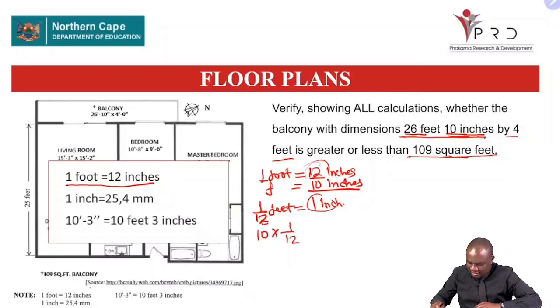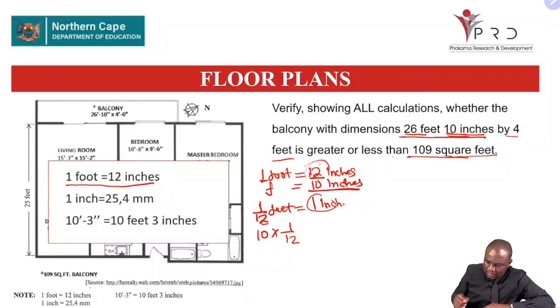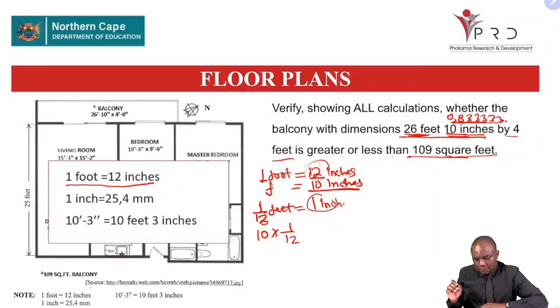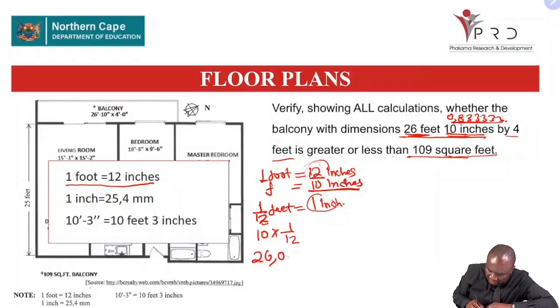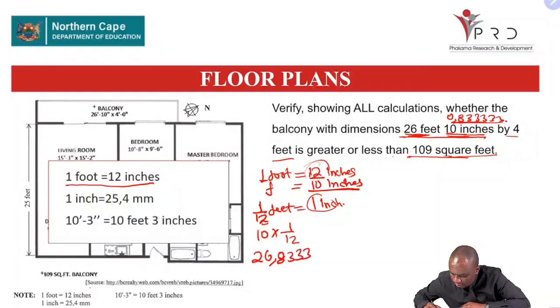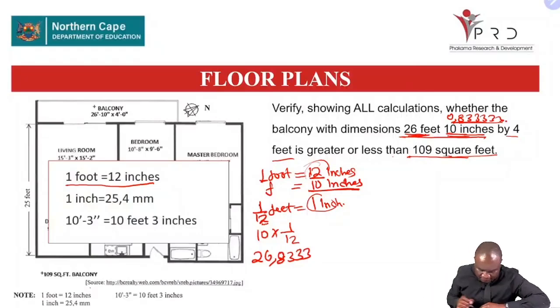This is like 10 divided by 12, which is 0.83333333, it goes on like that. And then 26 feet plus 0.833333 will be 26.8333. Let me check the calculator. How many threes do you have? 1, 2, 3, 4, 5, 6, 7, 8, 9.